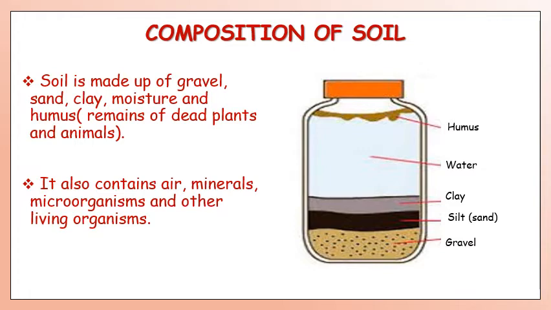Now, you know, soil is not hard as a rock. There is a space between the particles of soil that hold air. Now the soil also contains minerals, microorganisms, and other living organisms.